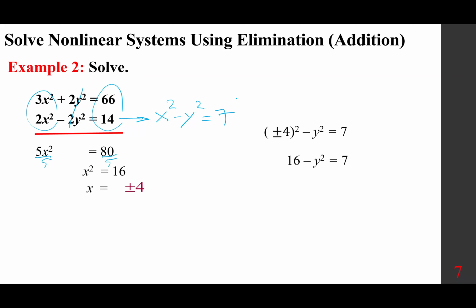We're going to move things around, and moving it this way results in minus y squared equals 7 minus 16, which is negative 9. We are going to divide by negative 1. Y squared becomes 9. And y is plus minus 3. Very straightforward, everybody.